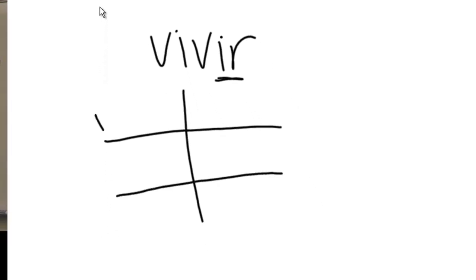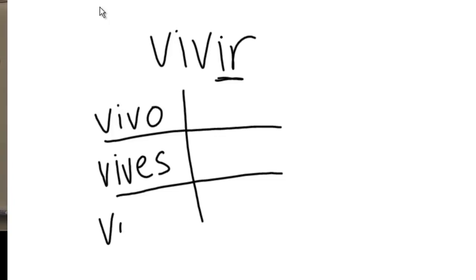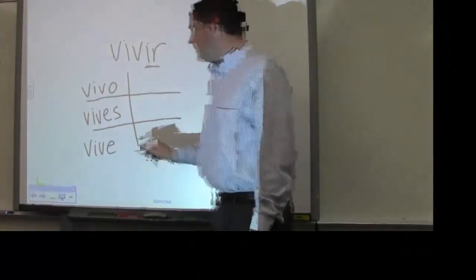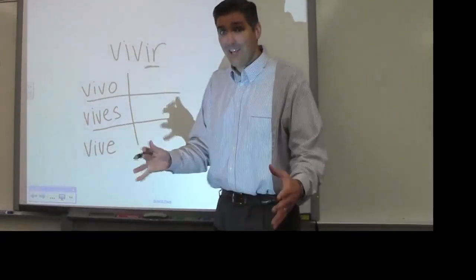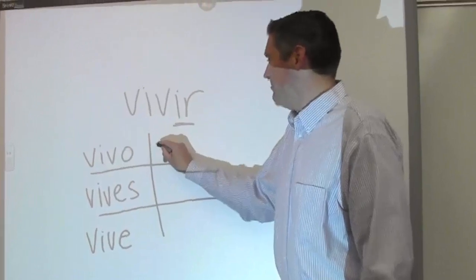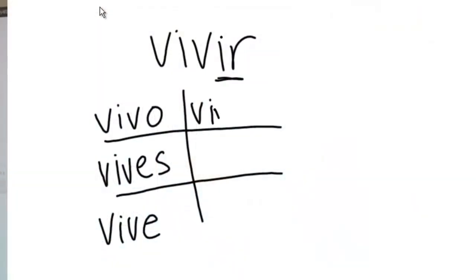If you want to say I live, yo vivo. You live, tú vives. He, she, or usted lives, vive. So far you're saying, hey, this is just like ER verbs. Hey, you're right. We live. This is where it changes. This is where vivir, or IR verbs, they just want their alone time.